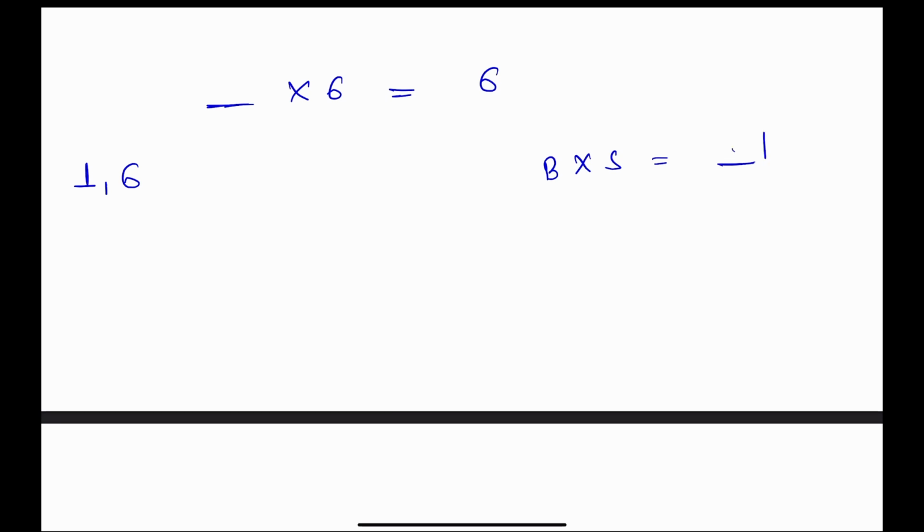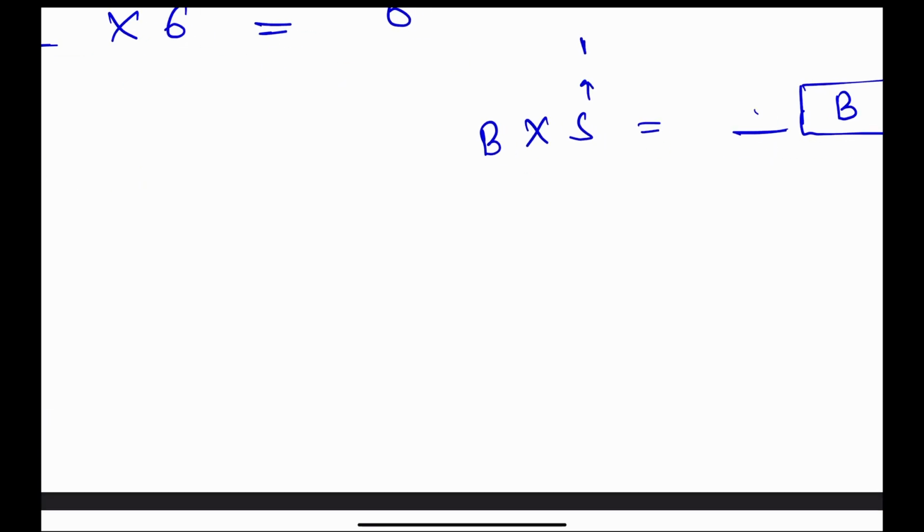We are not sure about this, but we know that the last digit is B, and the value of S could be either 1 or 6. So I can say for sure that S equal to 1 is a possibility.